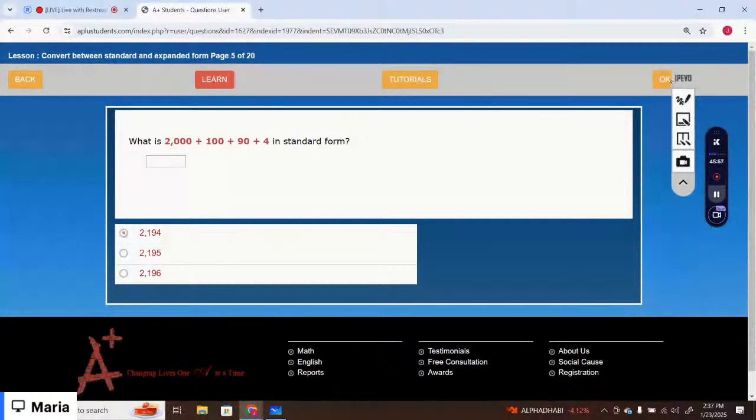That is 2,194. Option number 1 is the correct option.